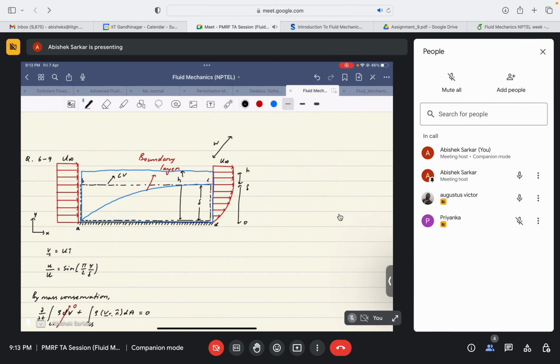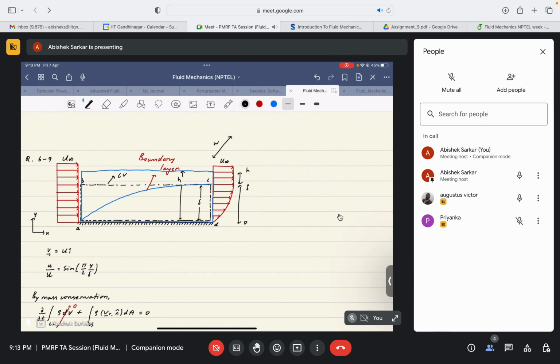Since outside the boundary layer, the velocity will essentially be u infinity as an approximation, okay? Because you know that at the edge of the boundary layer it is not directly u infinity. It was actually 0.99 of u infinity, but even if we disregard the loss of mass flow rate because of ignoring that part, you can directly take it as u infinity.